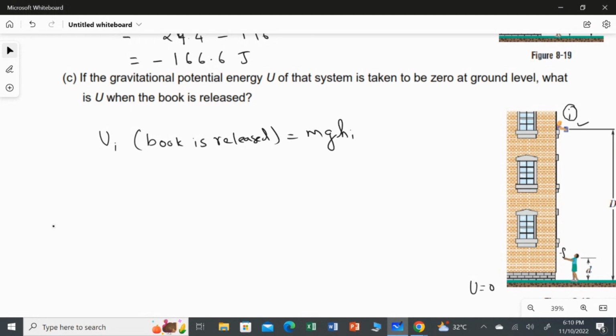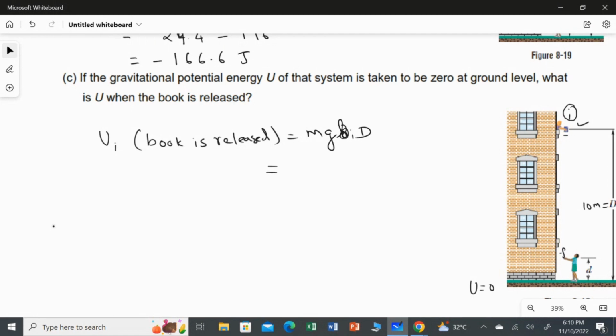I think it is better to write this instead of h_i, because we are going to consider the ground level. So this is not h_i, this is capital D, right? Because we are going to consider from the ground level. So from the ground level to the book point, where the person is going to hold the book, is exactly D, capital D, am I right? Which is exactly 10 meters. So I have to consider this value.